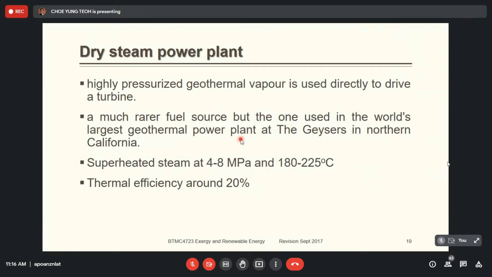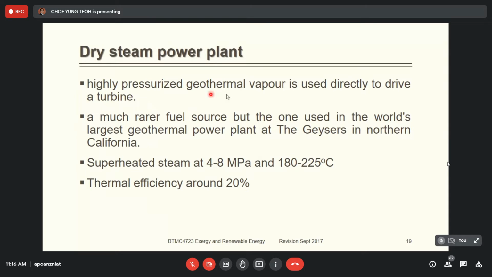The last type of hydrothermal power plant is the dry steam power plant. Dry steam means superheated steam. A dry steam power plant is very rare, but very powerful. It means that the steam released from the ground is already in superheated form, so you must have very high pressure and temperature.